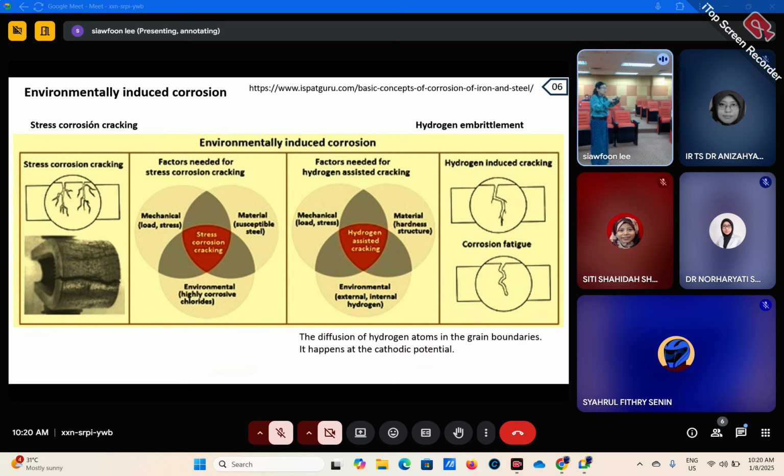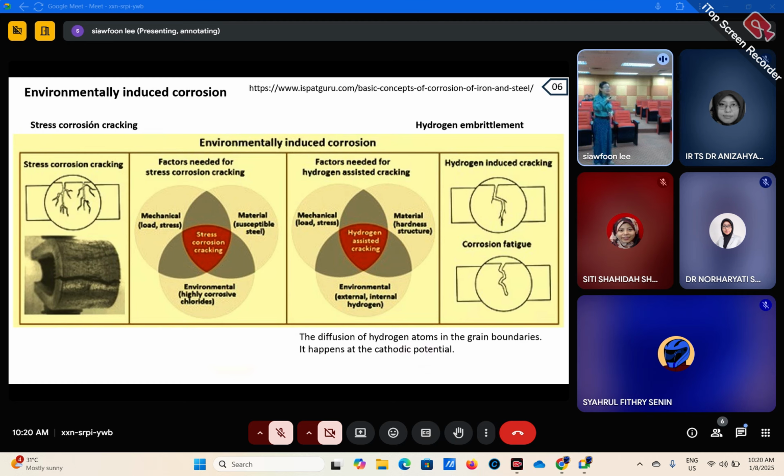But when you apply stress to the steel, this stress might break the passive film. When it breaks the passive film, some of the aggressive ions will start to penetrate the steel. So this is the reason it causes stress corrosion cracking.